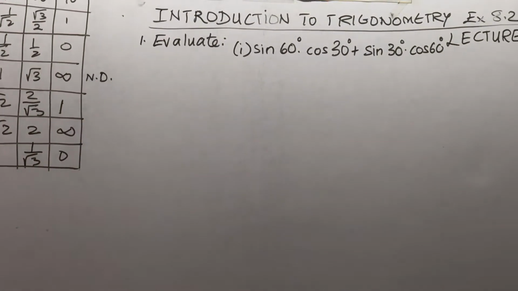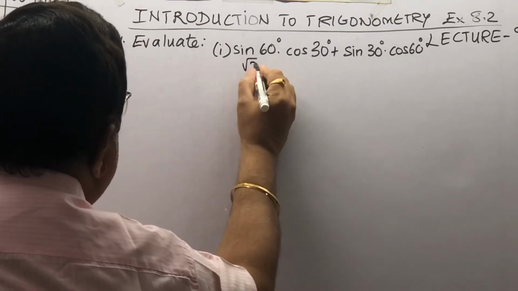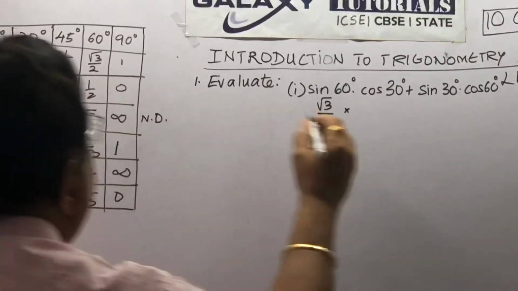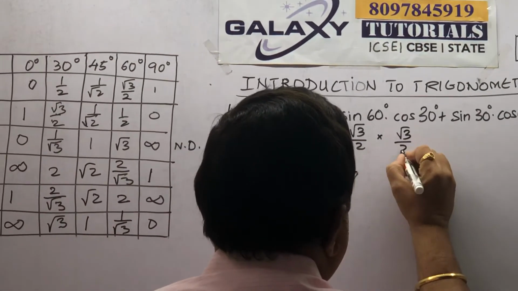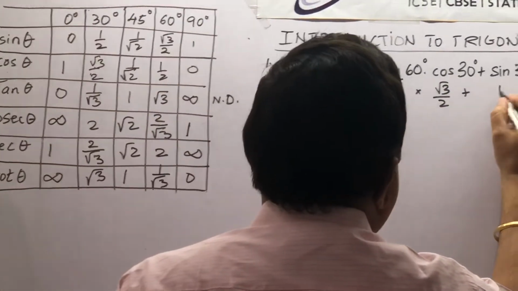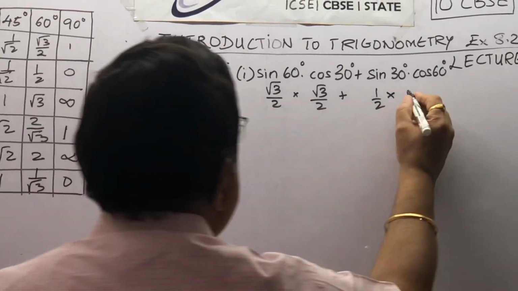Going through the table, sine 60 is root 3 upon 2. Cos 30 is root 3 upon 2. Sine 30 is half. Cos 60 is half.